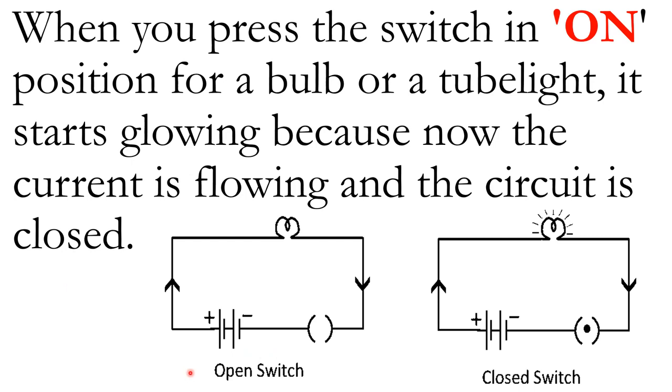The first one is indicating an open switch. Hence, the bulb is not glowing even if we have a source of energy. Whereas in the second diagram, when the switch is closed, we can see the bulb is working or glowing.